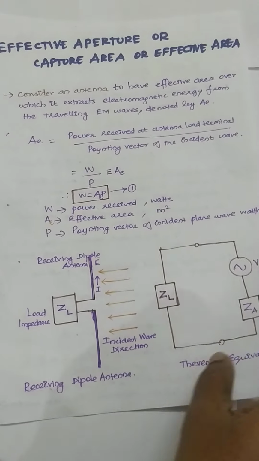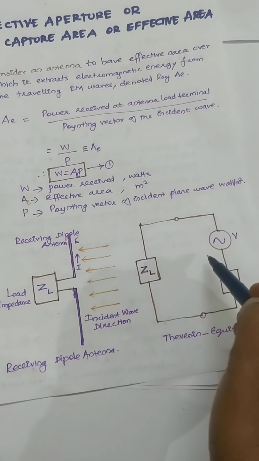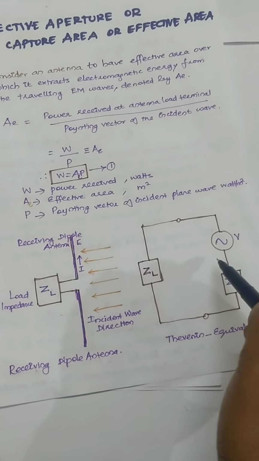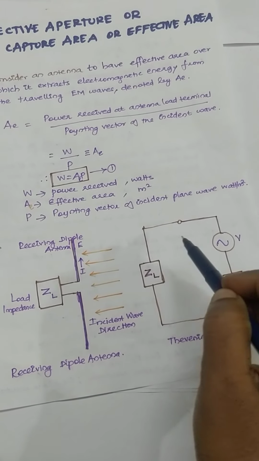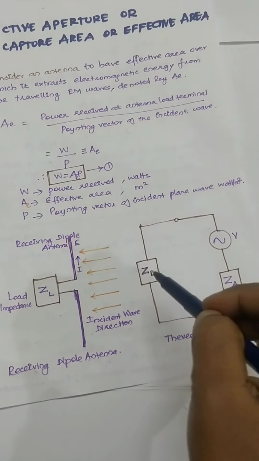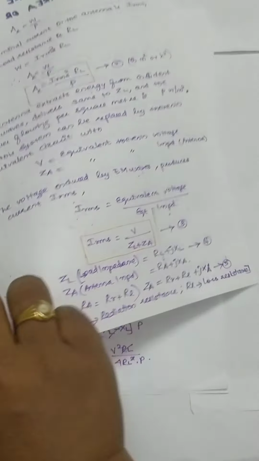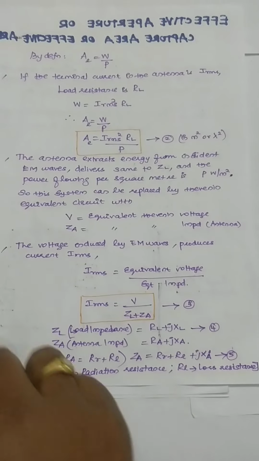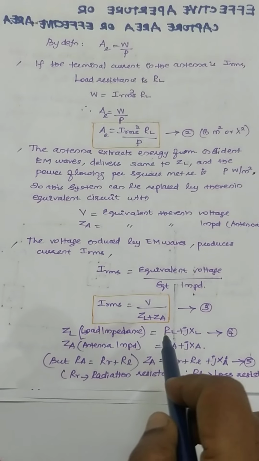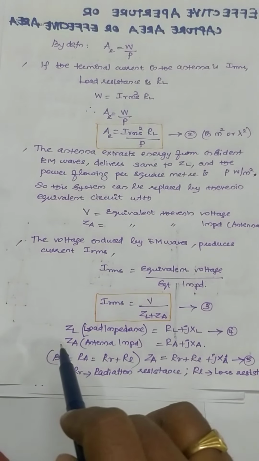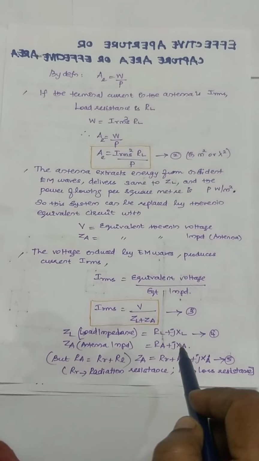In the diagram very clearly we have seen I is the current flowing through this antenna. So the same current is assumed to be flowing through this equivalent circuit, which is an RMS value. So IRMS through this circuit is equal to V divided by ZL plus ZA. This is what we are choosing as the IRMS equation. I am defining ZL to be a load impedance, which is a complex impedance, RL plus jXL, and ZA to be the antenna impedance, which is equal to RA plus jXA.